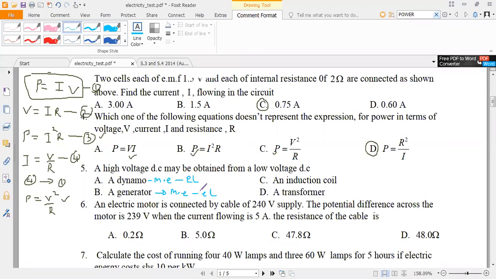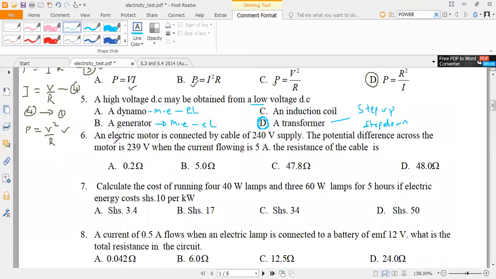So these ones are also not used for obtaining high voltage from low voltage. Then transformers are used to step up or step down the voltage. Stepping up is converting low voltage to high voltage, and stepping down is converting high voltage to low voltage. So the answer for our question is D.